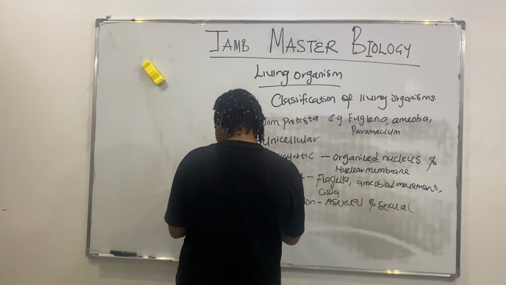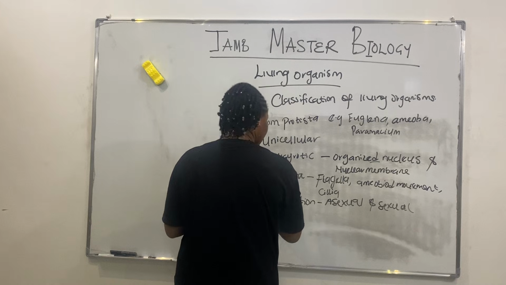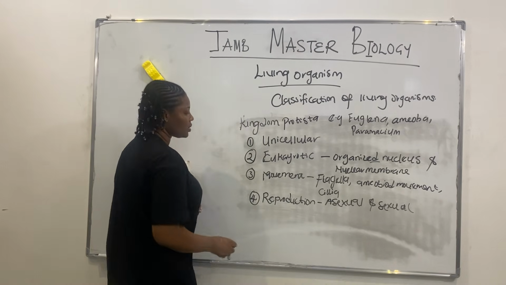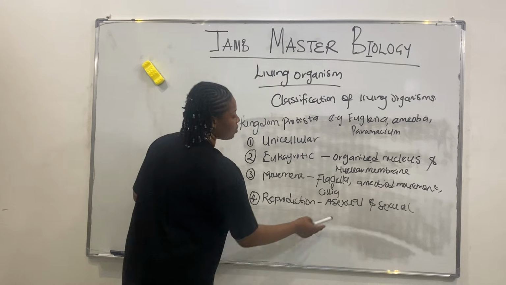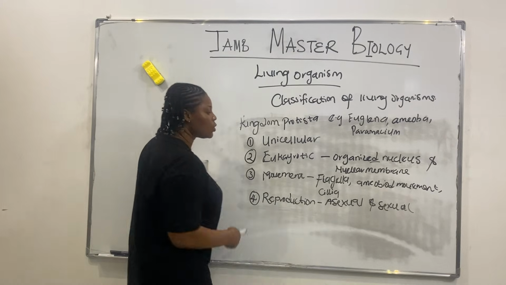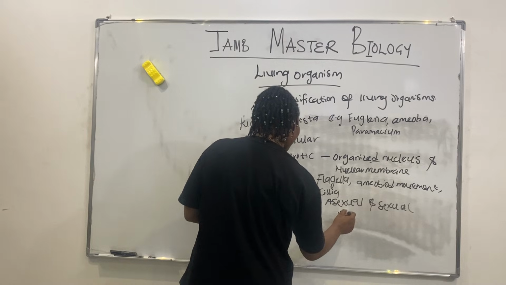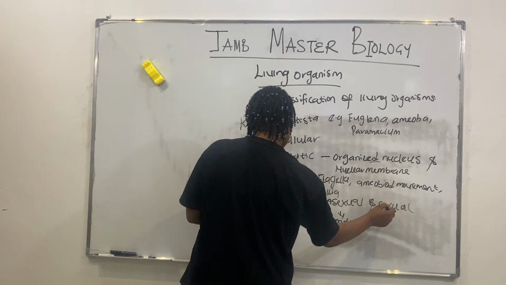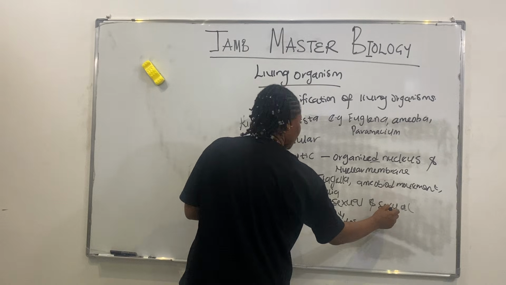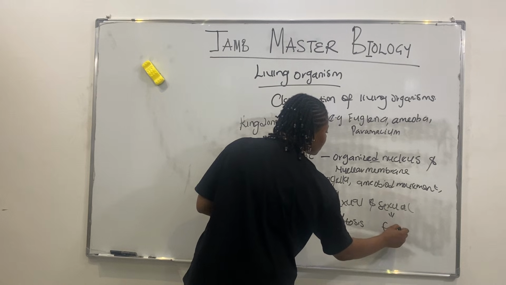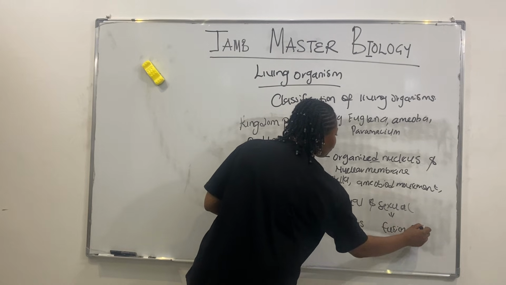So under the kingdom Protista, some of the organisms here reproduce by asexual means, and some of them reproduce by sexual means. And the asexual means of reproduction is called mitosis. And sexual is called fusion of gametes.